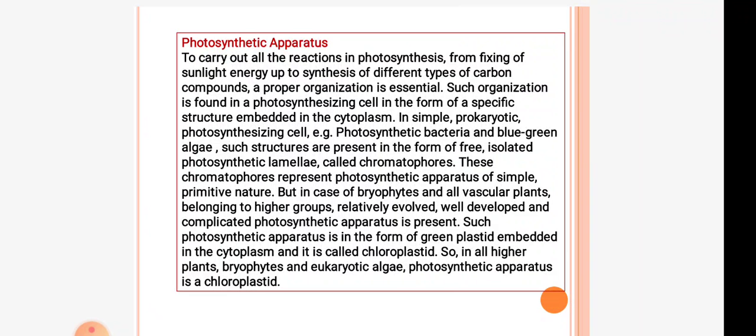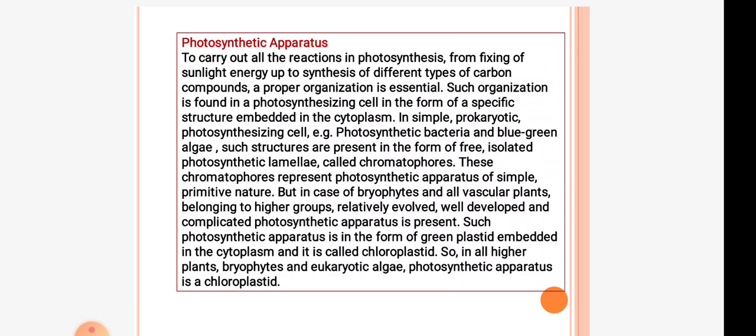In this slide, we will learn about photosynthetic apparatus. To carry out all the reactions in photosynthesis, from fixing of sunlight energy up to synthesis of different types of carbon compounds, proper organization is essential. Such organization is found in a photosynthesizing cell in form of specific structure embedded in cytoplasm.